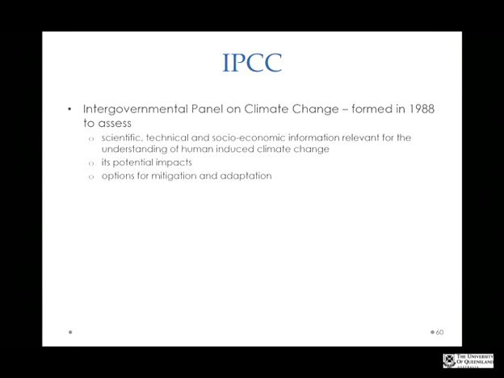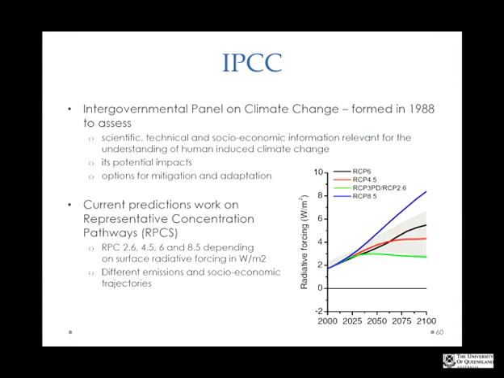Just very quickly, the IPCC. I realised I hadn't mentioned this, but they're the body that looks into understanding climate change and its impacts and how we can deal with it, formed in 1988. They are the people who produce our current climate predictions, what will happen.